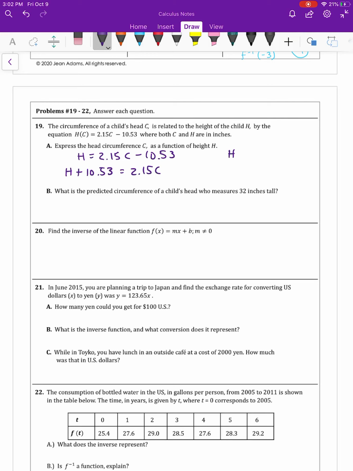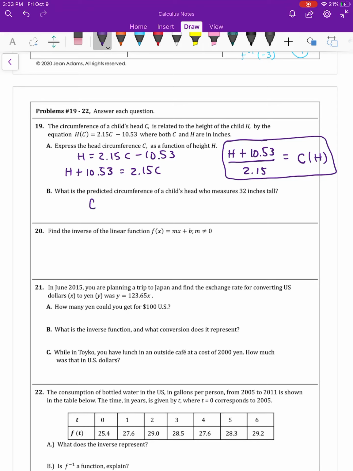And then divide by 2.15 on both sides. And that gives you your C of H. What is the predicted circumference of a child's head who measures 32 inches tall?